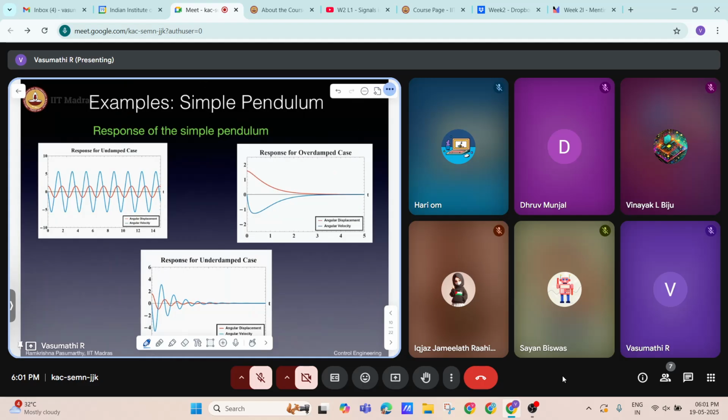Some real-time example if you want to see: these are all the responses of a simple pendulum at different phases. Does everybody know what under-damped, undamped, and over-damped systems are? If you don't know, give an inverted thumbs up.